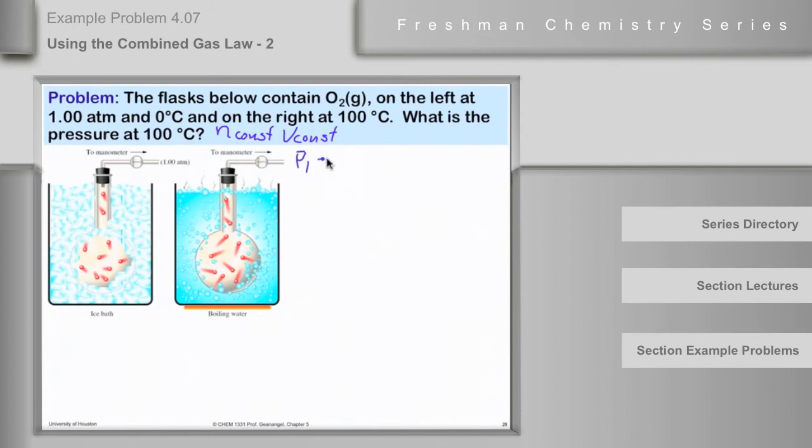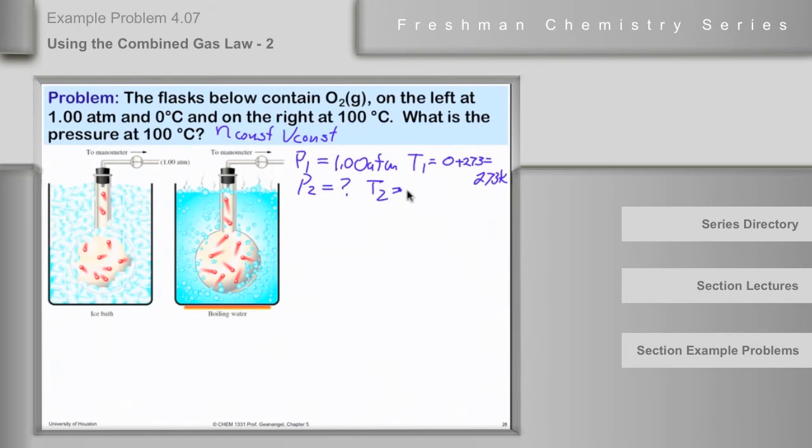P1 is 1 atmosphere. And T1 is 0 plus 273 equals 273 kelvins. Okay. P2, we don't know.